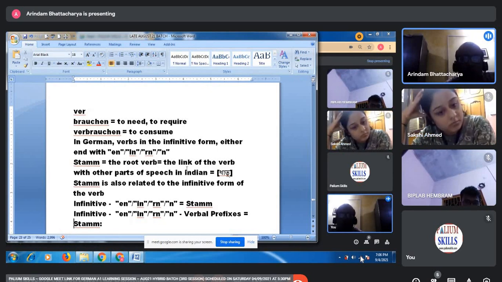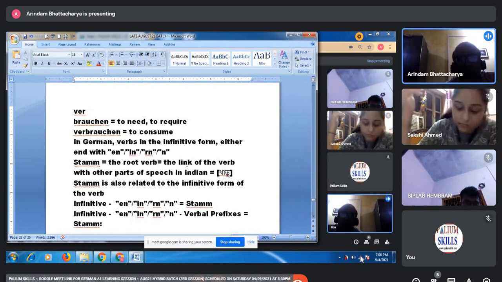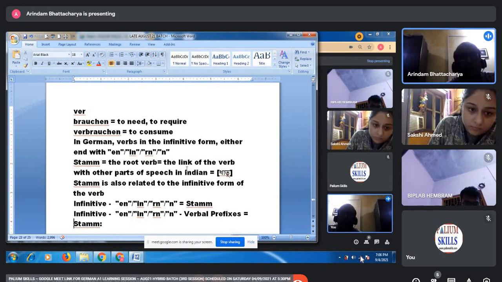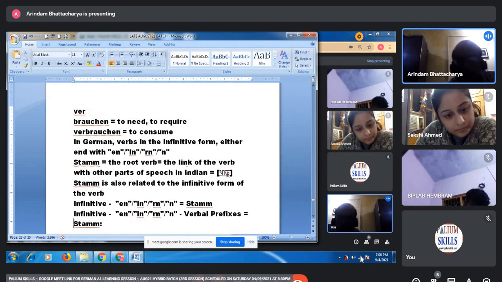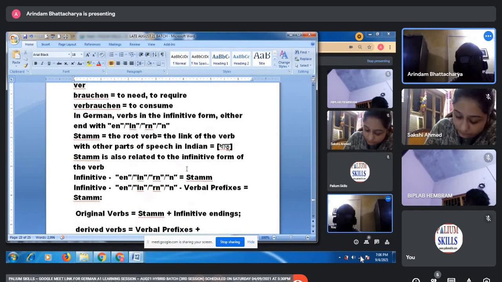So how will we determine the stam? Infinitives end with en, ln, rn and n. So infinitive minus en, ln, rn and n, and definitely minus verbal prefixes, is equal to stam. So for original verbs, it is stam plus infinitive endings.